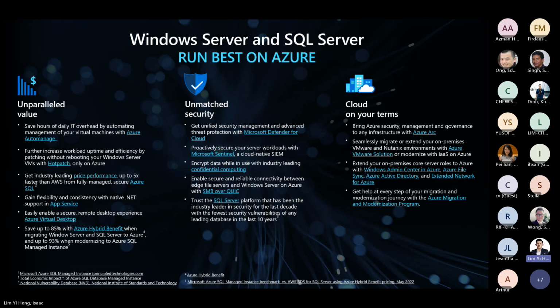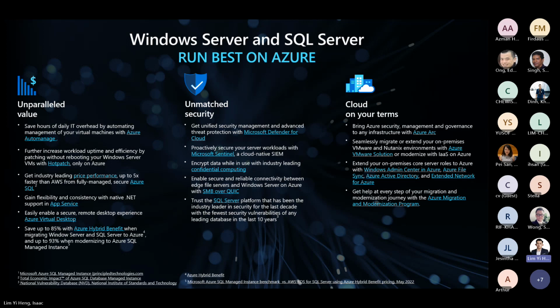By saving hours of daily IT overhead by automating the management of the virtual machine with Azure Automanage. And we can also further increase the workload uptime and efficiency by patching without rebooting the Windows Server VM with Hotpatch, only on Azure.